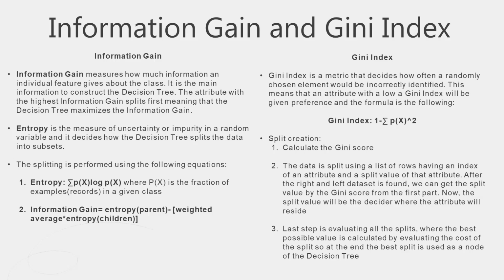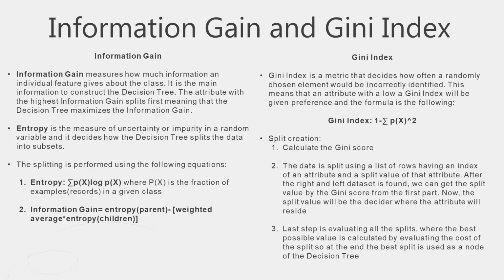After the right and the left datasets are found, we can get the split value by the Gini score from the first part. Now the split value will be the decider of where the attribute will be placed. And the last step is evaluating all the splits, where the best possible value is calculated by evaluating the cost of the split.